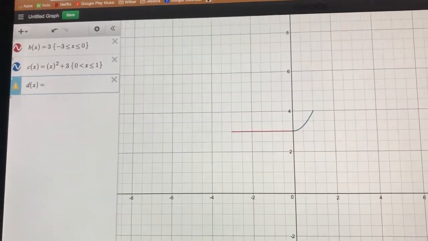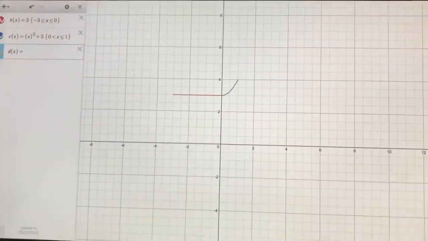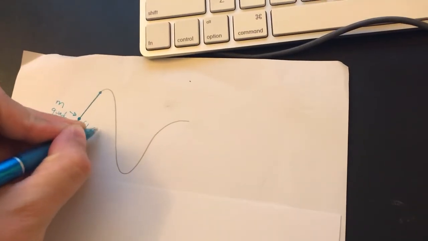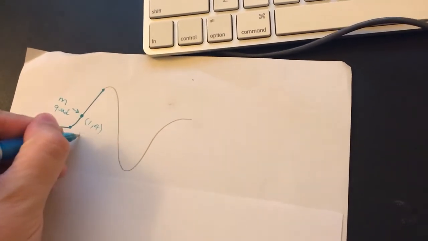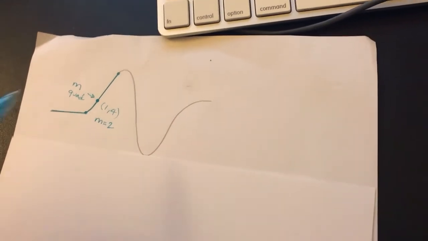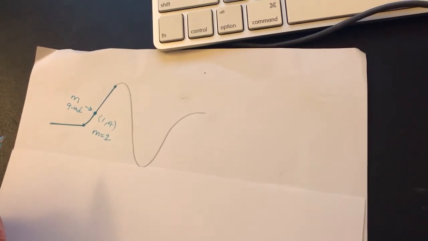It actually kind of looks like that. However, if it wasn't so easy to figure out that it was plus 2, a better and smarter way to do that might be to look at point-slope form. So if we come back down here again, I know this point is (1, 4). And I know that my slope needs to be 2 at that point. So if you write an equation with point-slope form for that, it would be really easy to enter it in and you wouldn't have to worry about it at all.